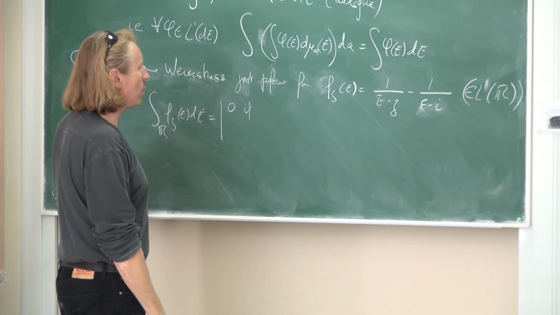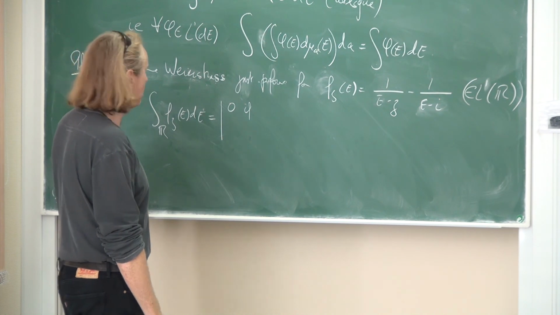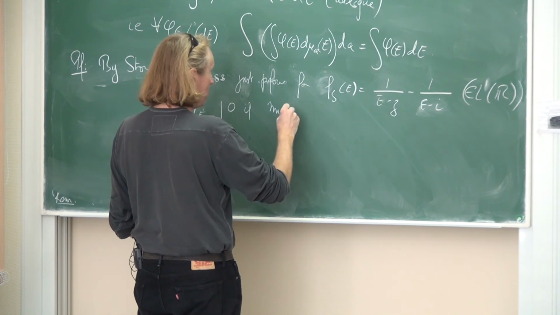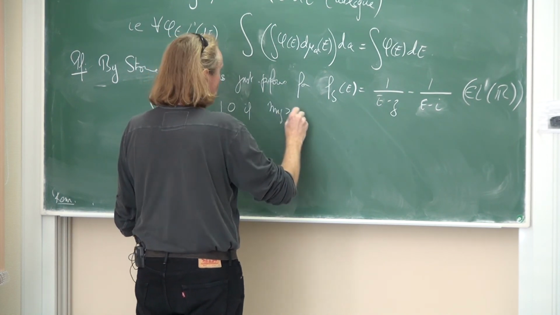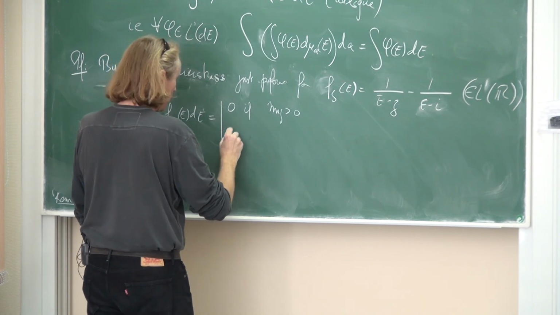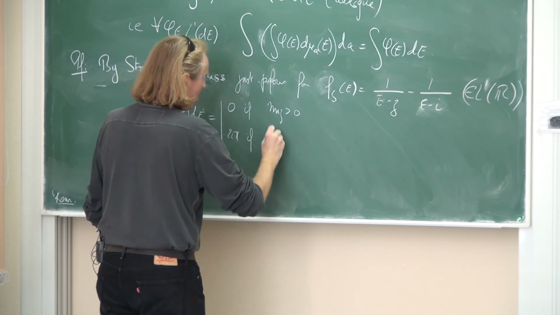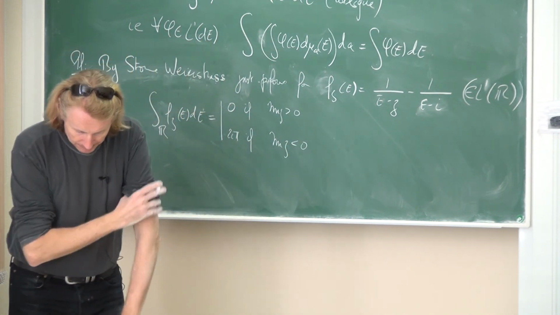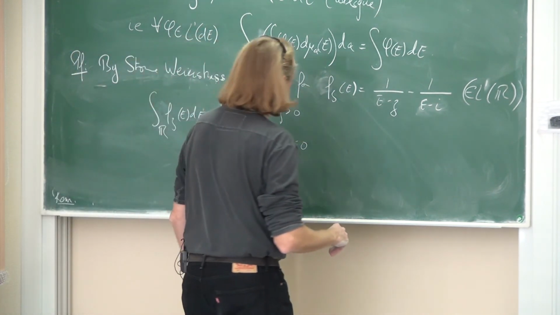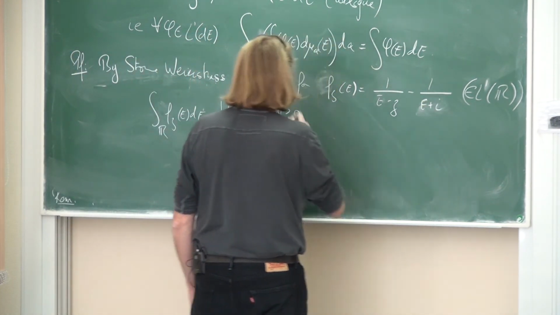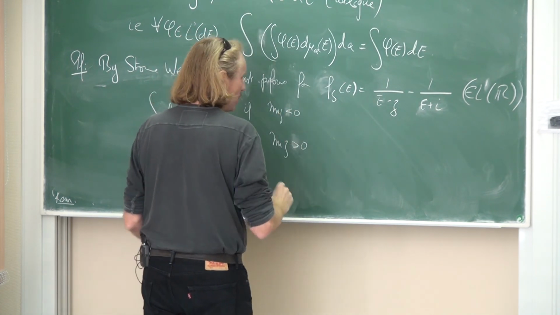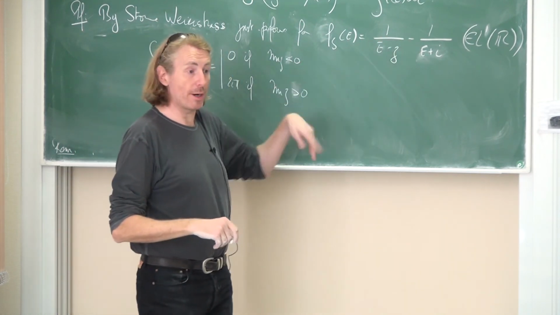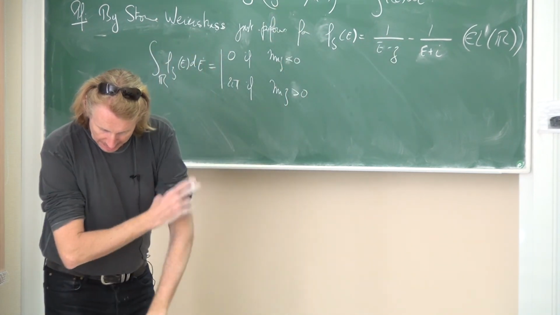Here I put the pole at I. So this is going to be 0 if the imaginary part is on the same side, positive, and it's going to be 2 pi I if the imaginary part of z is negative. Let me put a plus here, so I invert this, so I keep the notations I have in my notes. E plus I, it changes the sides, where you can shift to infinity.